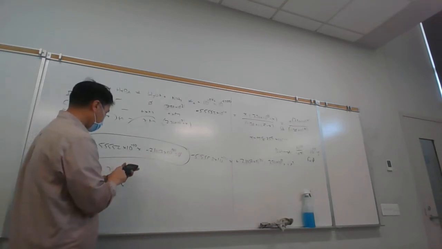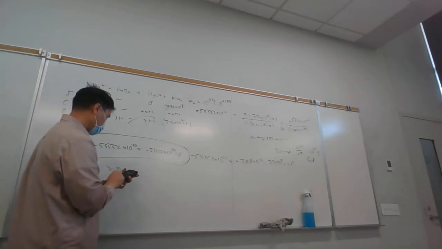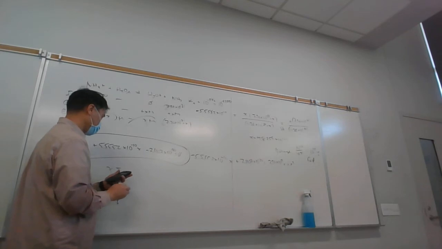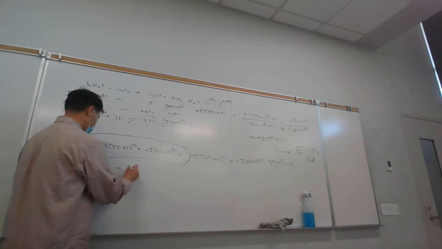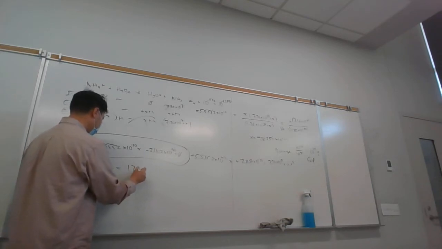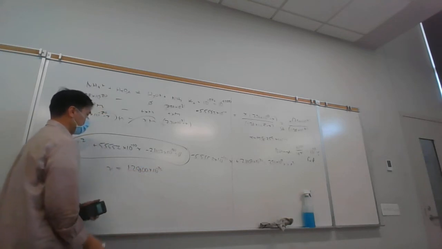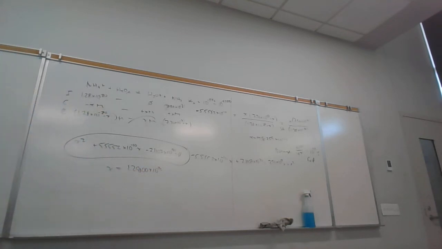C is negative 7.1107 times 10 to the negative 30. Is that even possible?